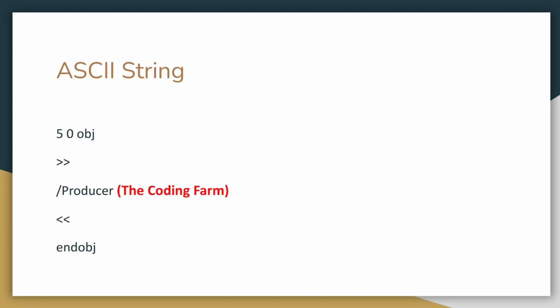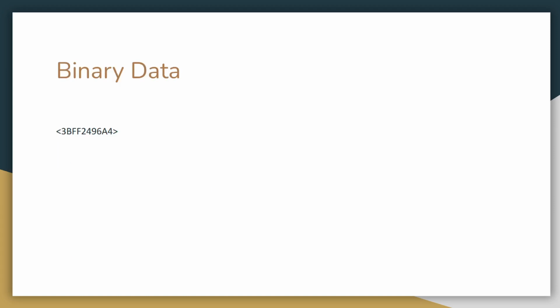So that's one example of the ASCII string, and this is another example, of binary data. If you have to write any binary data, you have to write it inside angle brackets, and the data format is a hexadecimal number. So this is an example of binary data.